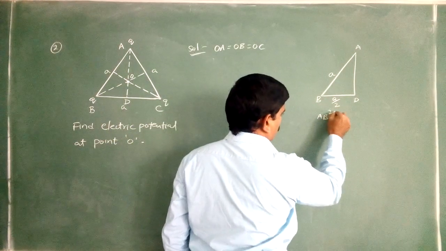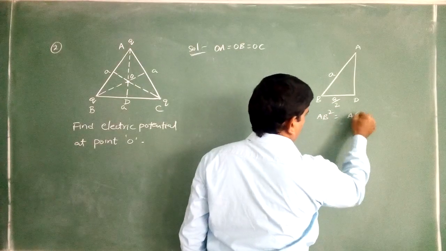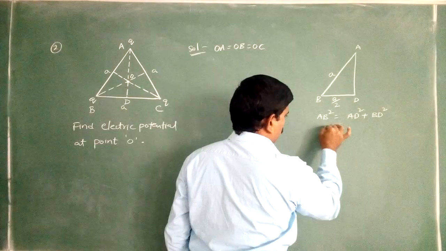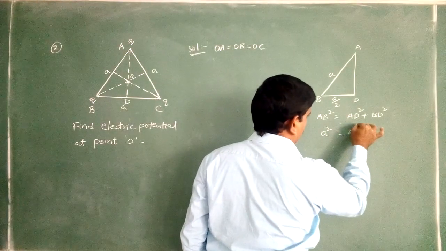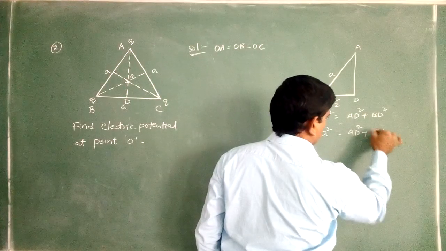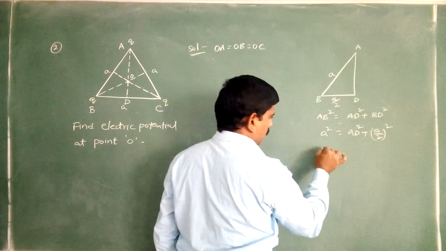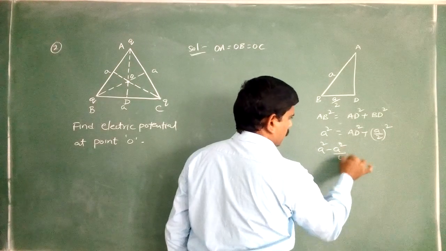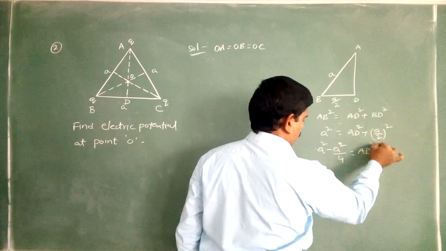AB square is equal to AD square plus BD square. So A square is equal to AD square plus A by 2 whole square. From this, A square minus A square by 4 is equal to AD square.